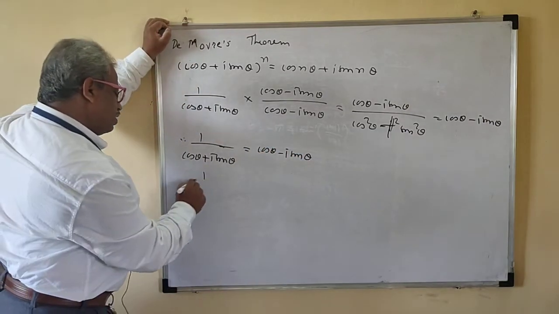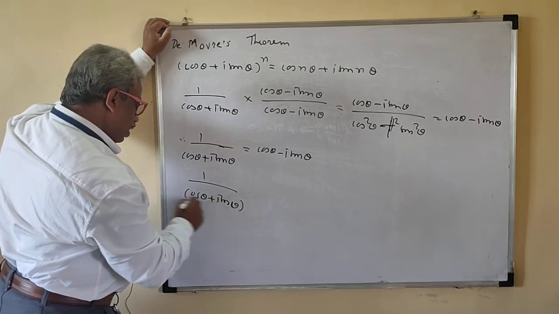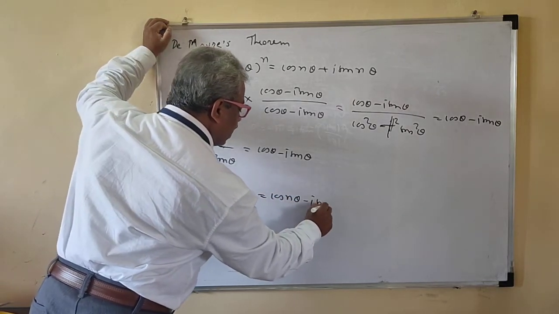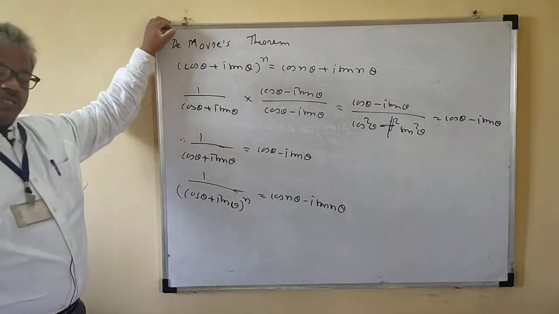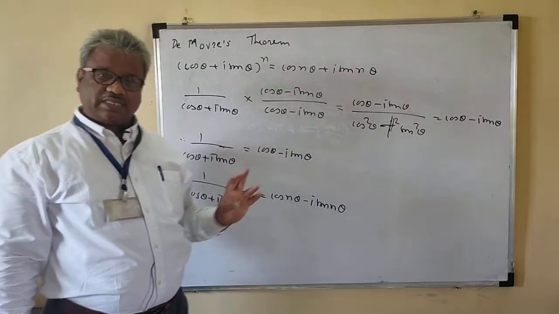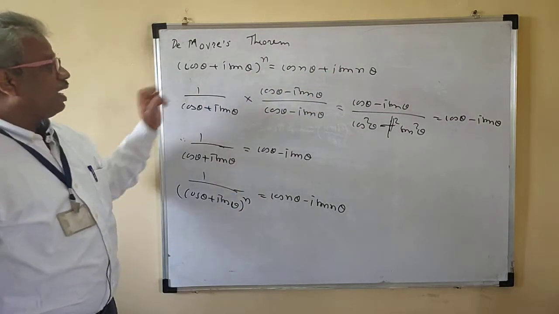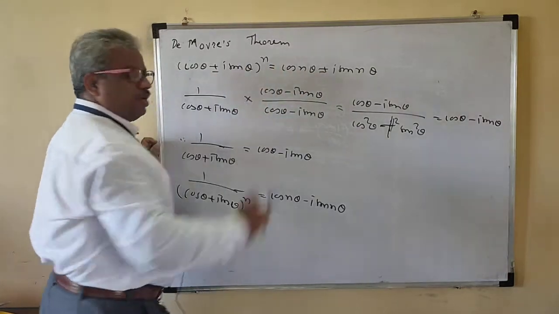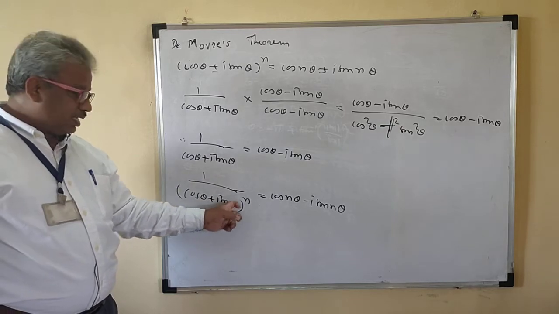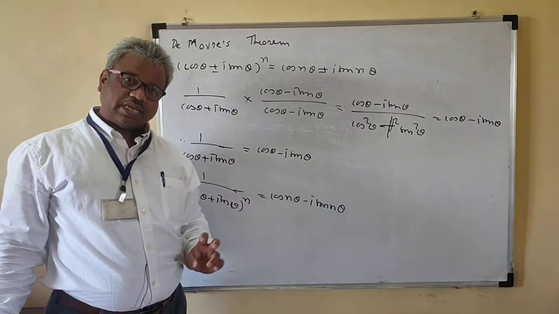So 1 upon cos theta plus i sin theta to the power n is the same as cos n theta minus i sin n theta. Remember this. If n is 4, then this is cos 4 theta minus i sin 4 theta.